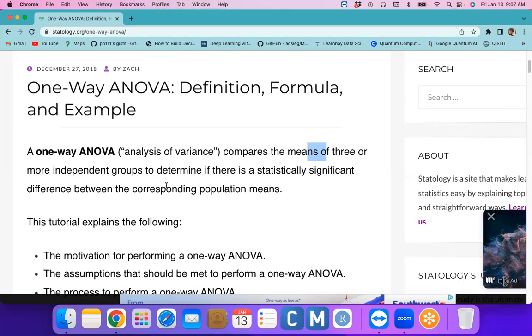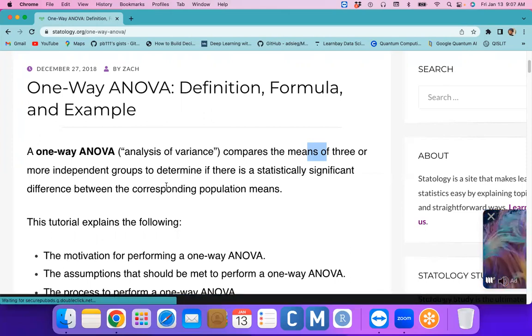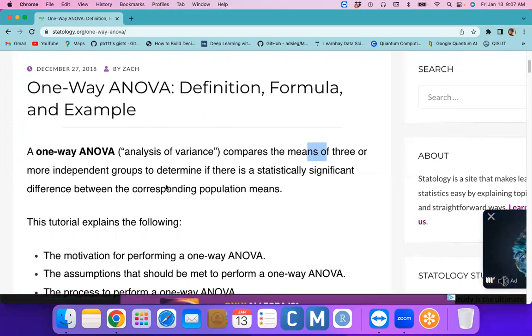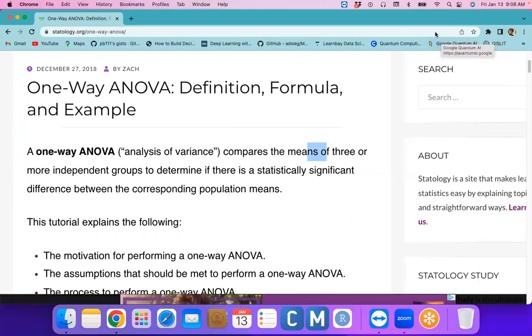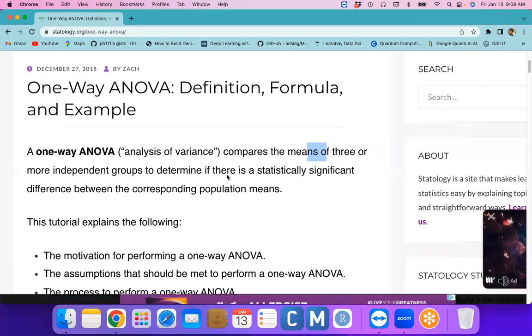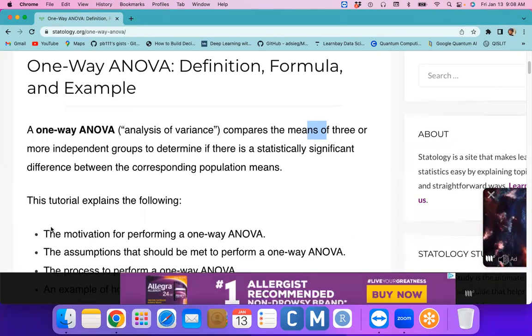But this time you can compare more independent groups to determine if there is any statistically significant difference between the corresponding population means. So is there an effect or significance with your population or not, that we can do with the help of ANOVA.